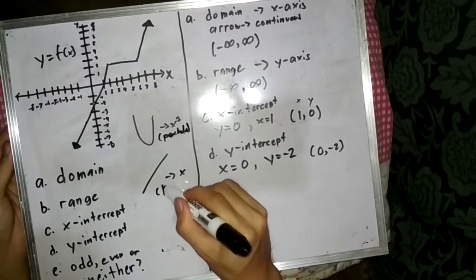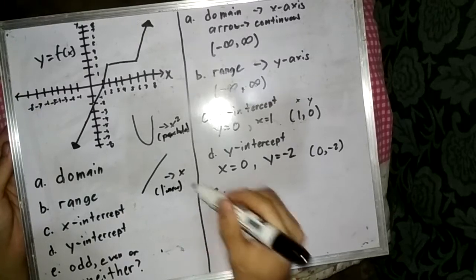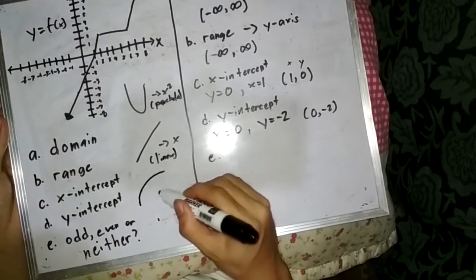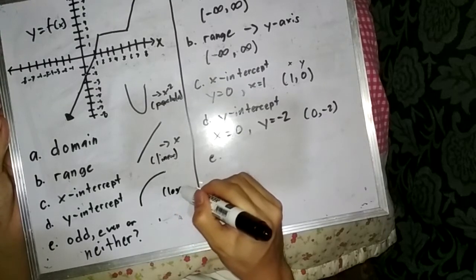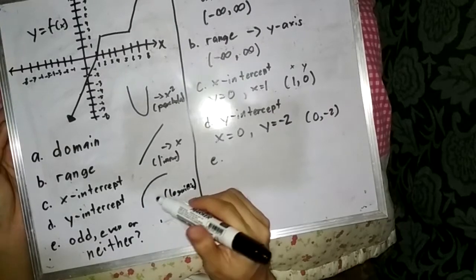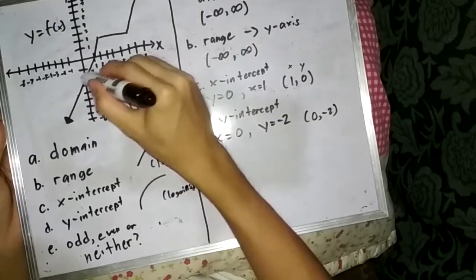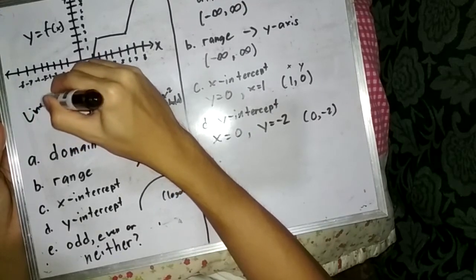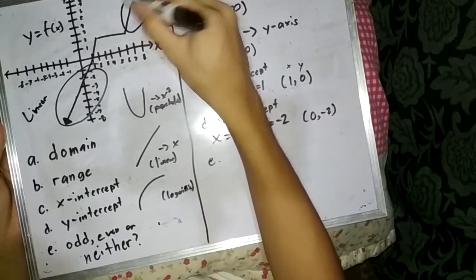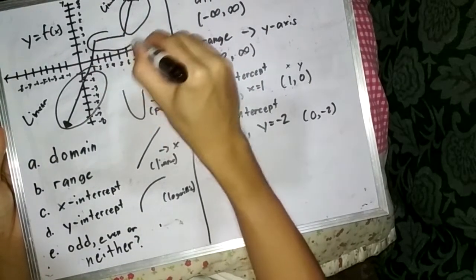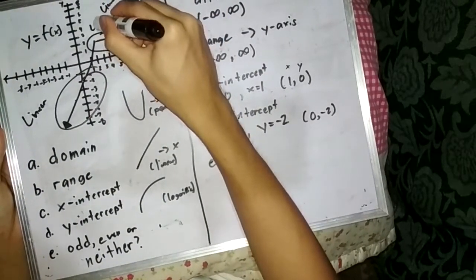Parabola, linear, and some form of logarithmic. But this graph has some forms of linear. But at this portion, this is not linear, this is just a line.